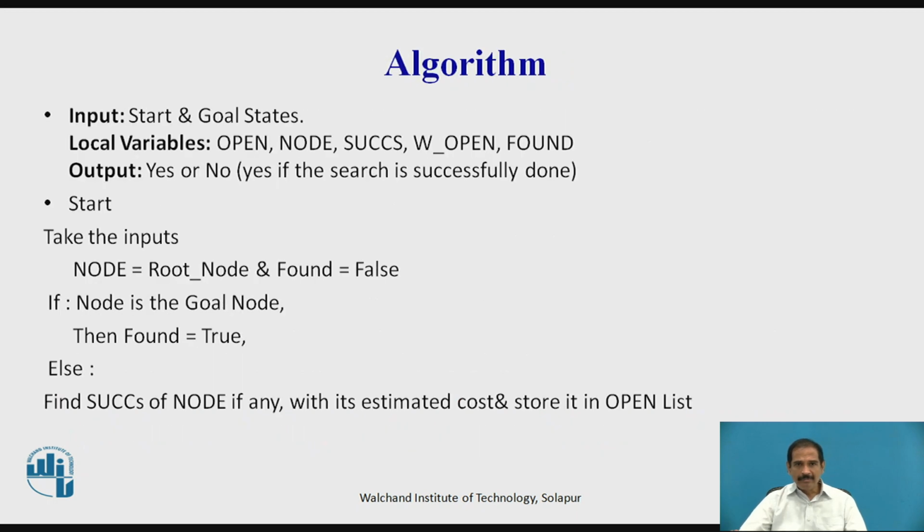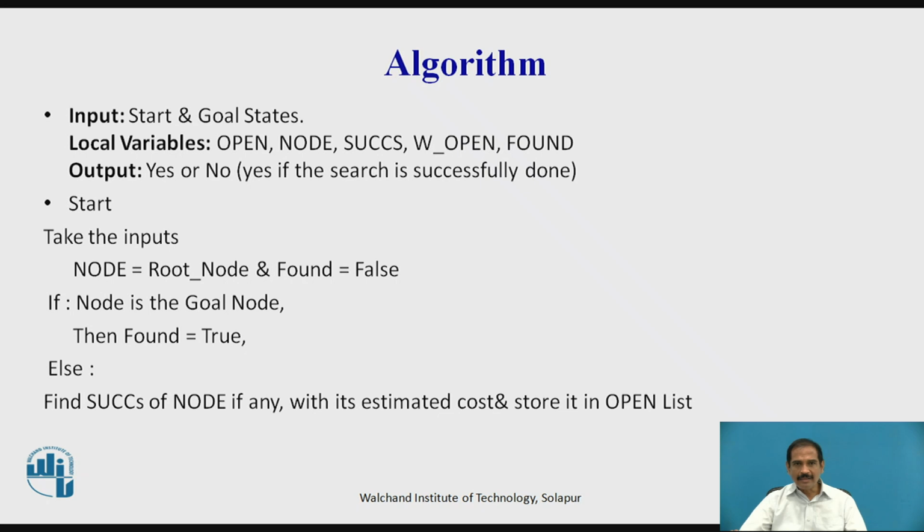The algorithm has as input the start and goal states, with local variables: an open list, node, successors, W open, and found, and the output is yes or no. That is, if the search is successfully done, yes.